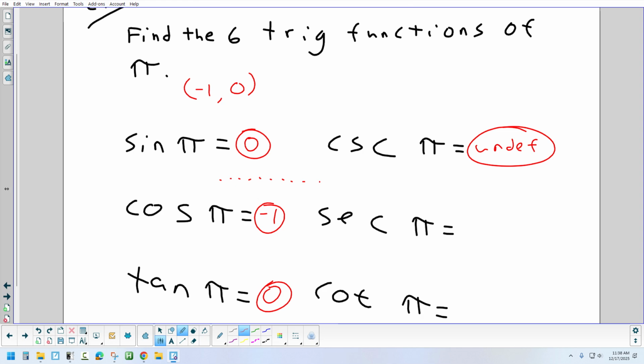We're looking for the secant, but what trig function do we use to help us find secant? Cosine. And what do you do to the cosine? Flip it. So flip the cosine. What do you get? -1. Beautiful. And how about the cotangent? Undefined.